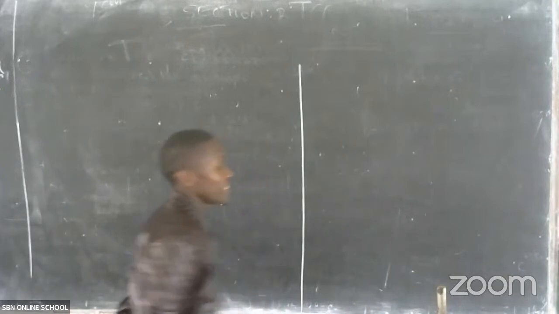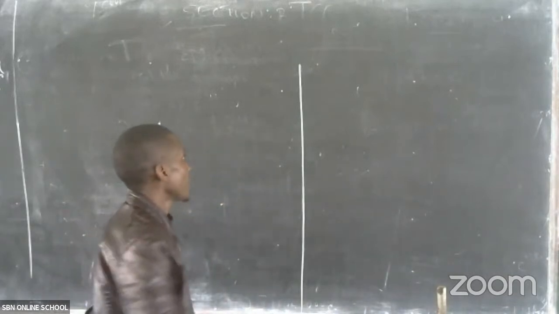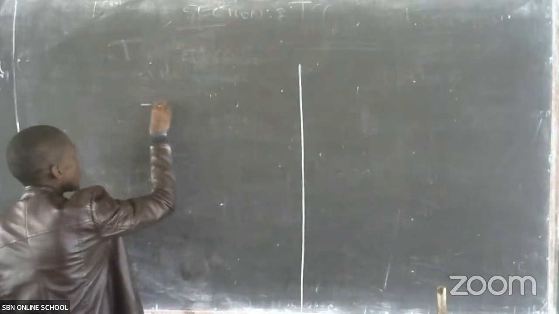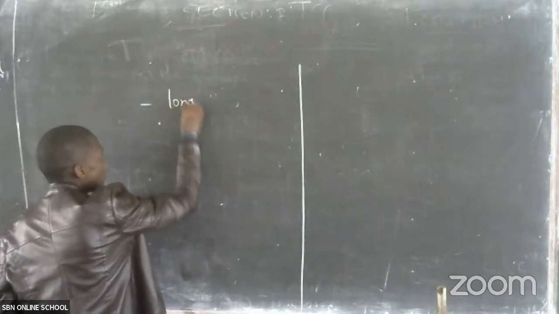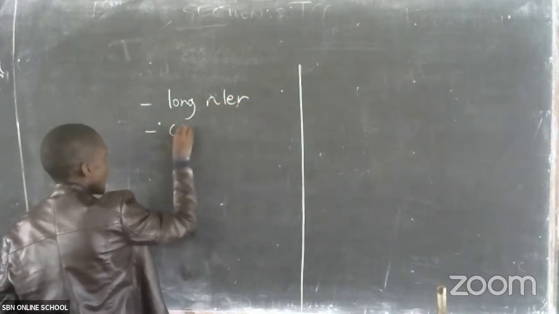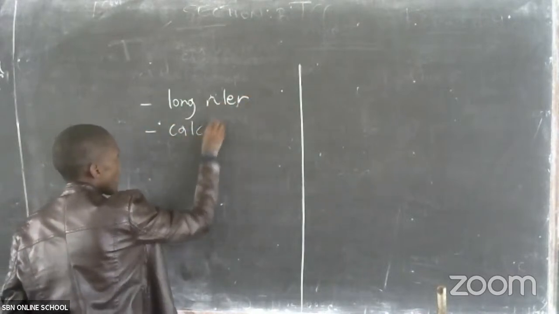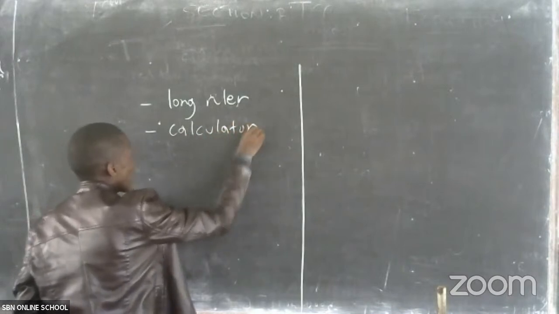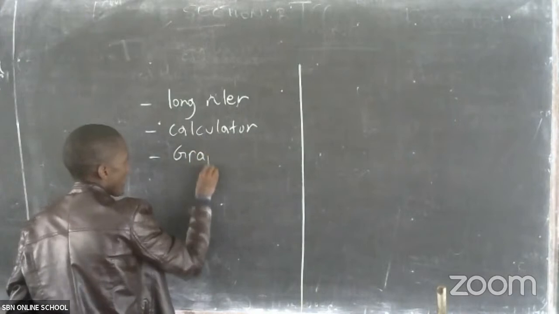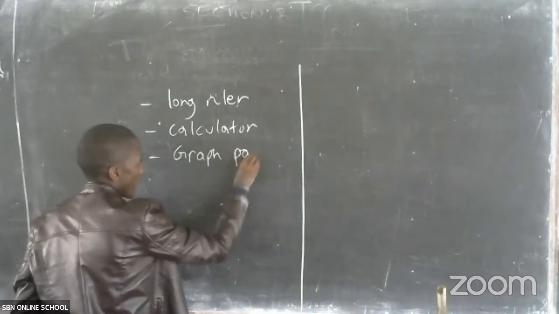The equipment I need you to have, let me start with the equipment. We need to have a long ruler. We need to have a calculator. We need to have graph paper.